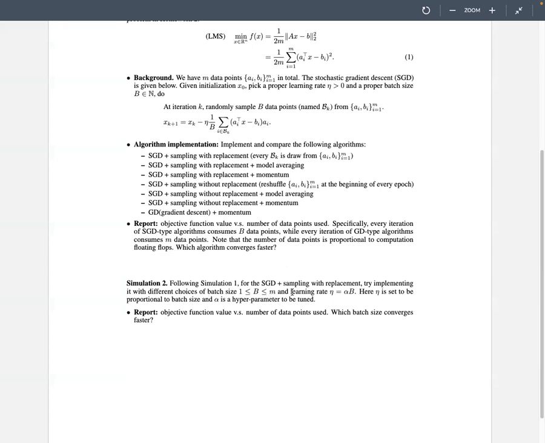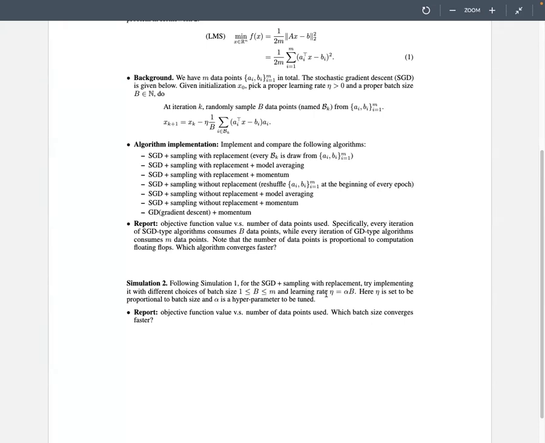The idea is that in practice, this is a very useful learning rate rule. Basically, it is proportional to the batch size. If you are using a large batch size, that means every time you are loading more data, and there's a trade-off here. If you use more data, the variance of your stochastic gradient will be smaller because you are closer to the full gradient.